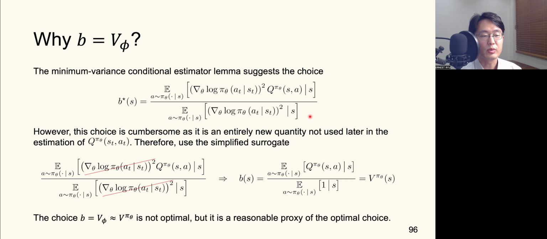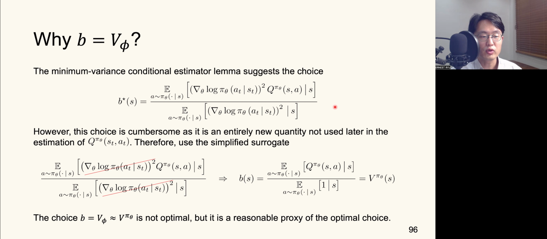It's a cumbersome quantity, because the formula looks ugly, and it also requires us to use entirely new things that we've not encountered before. This expectation of grad log pi squared is something we've never seen before. This expectation of grad log pi squared times q is also something we've never seen before.